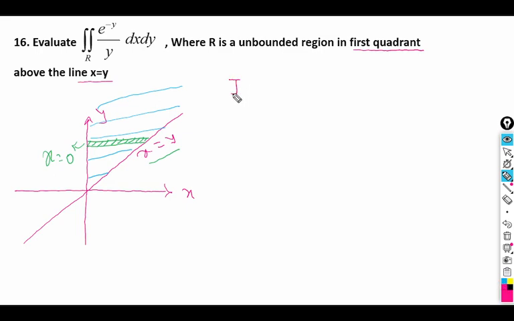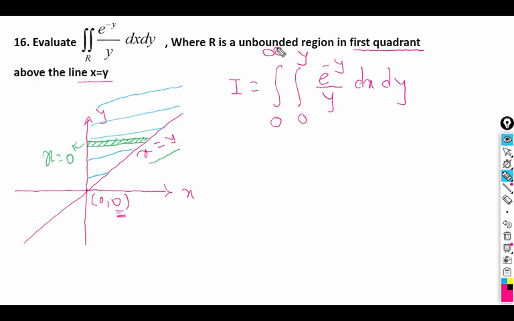So our double integral I will become e raised to minus y upon y dx dy. That is the order we decided. The limit of x is from 0 to y, and we have to see the minimum and maximum value of y over the region. The minimum value of y is 0 here, and it goes unbounded, so it is 0 to infinity.